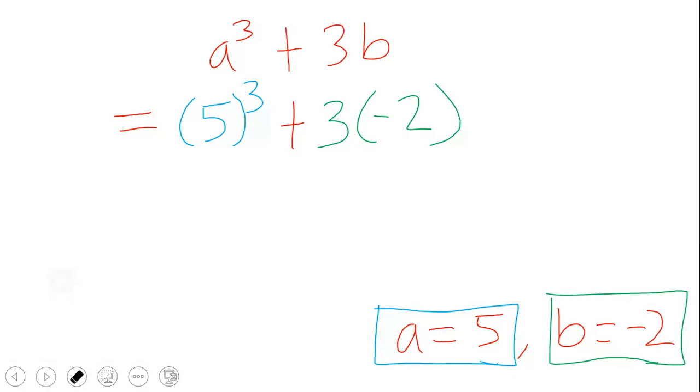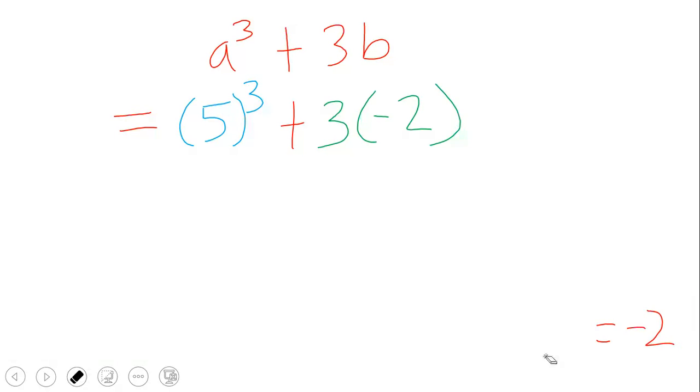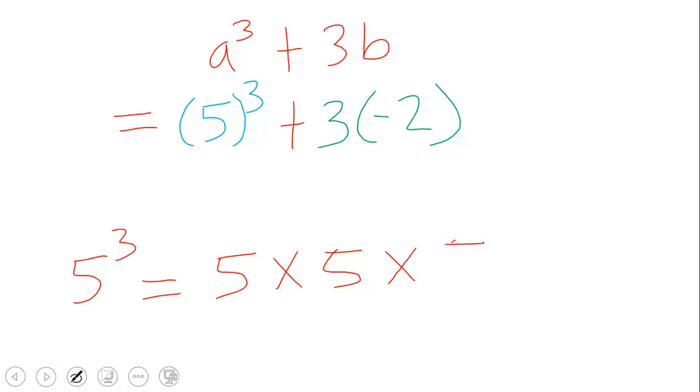But what is 5 cubed? Indeed, 5 cubed equals 5 times 5 times 5. But what is 5 times 5? 5 times 5 is indeed 25. Bring down the 5, and we have 5 cubed equals 25 times 5.